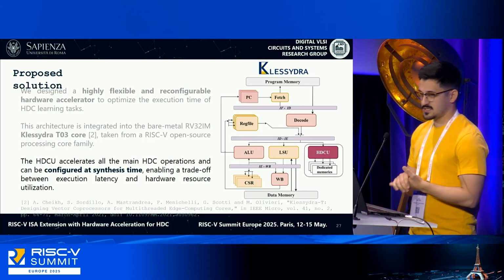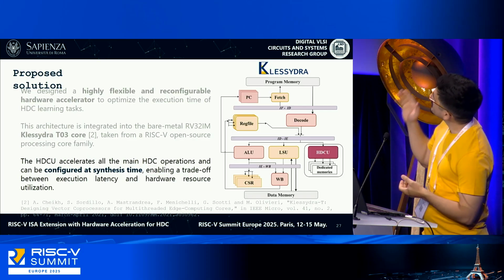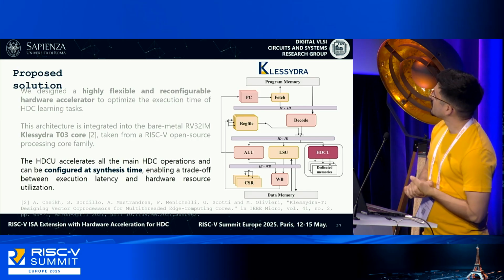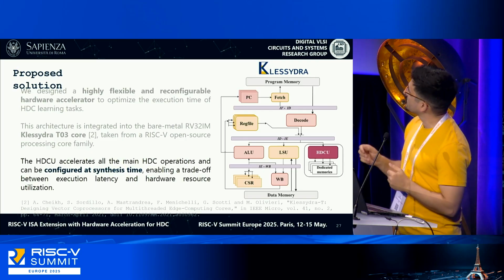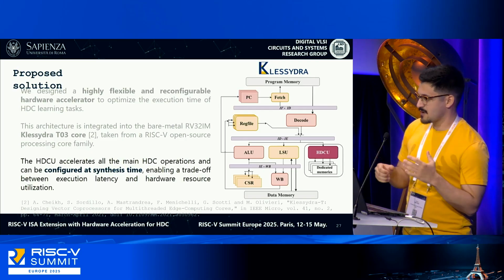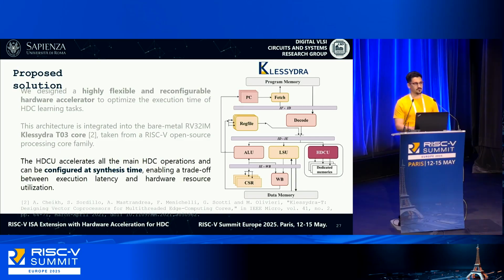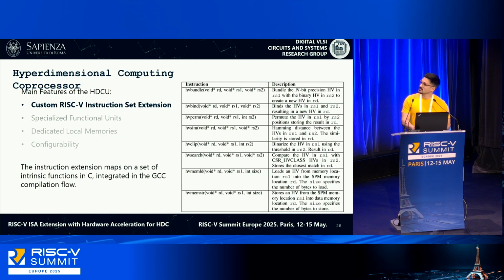Since the HDCU was integrated into the execution stage of the core, and it works in parallel with the load-store unit and the arithmetic logic unit, it behaves more like a coprocessor than a traditional hardware accelerator. But let's have a look at the main features of our design.